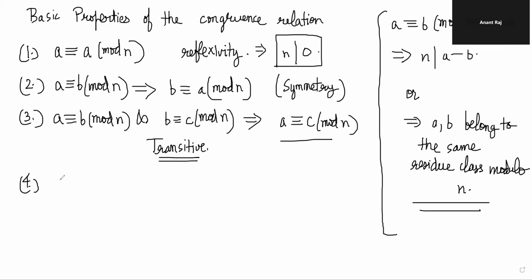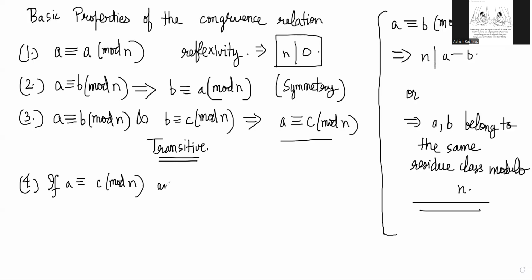Okay. The fourth property is if A is congruent to C mod n and B is congruent to D mod n, then we can say the following three things: A plus B is congruent to C plus D mod n.